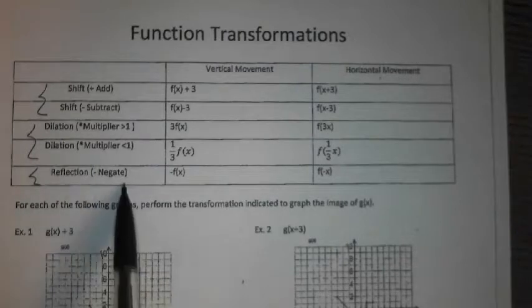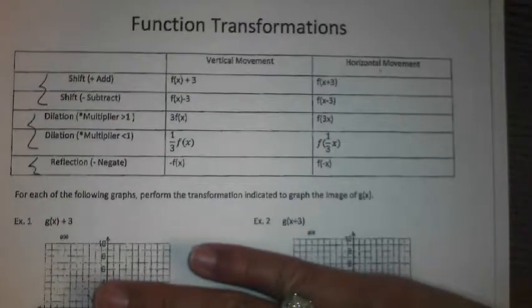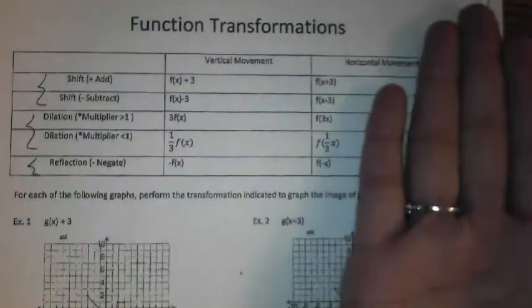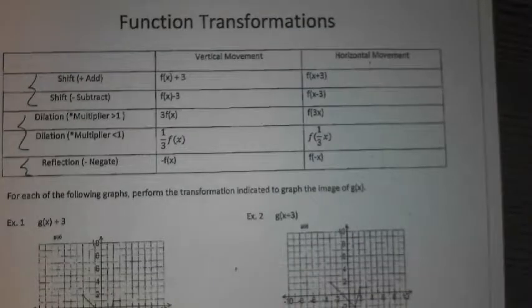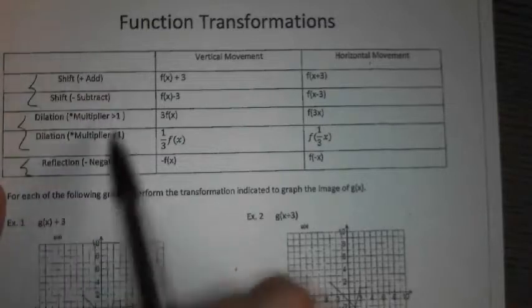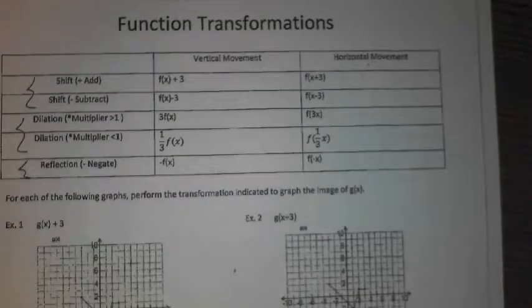And then reflections also are going to either happen vertically, where we would reflect something over the x-axis, or flipping it horizontally, where you would flip something over the y-axis. So you'll always give the type of transformation, and you'll always give the general direction, whether it's vertical or horizontal, and then from there you'll be more specific about how far.